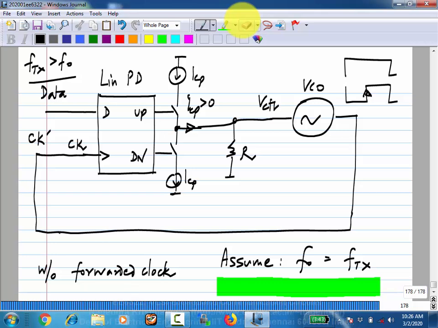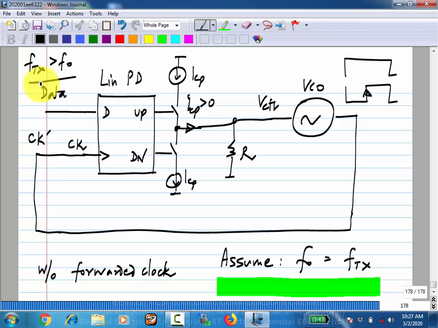No, if the frequency keeps on varying, the whole thing is not functional at all. So if the transmit frequency is slightly more than the free running frequency, how will this reach steady state? What is small negative? Why should it be negative?